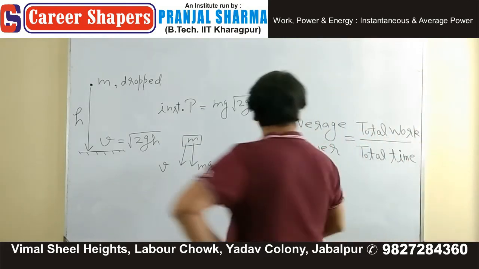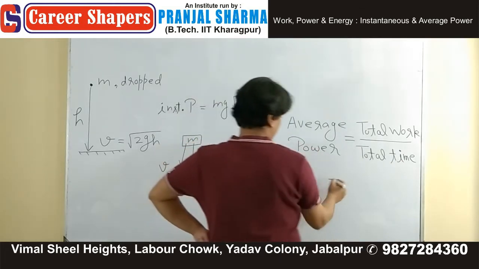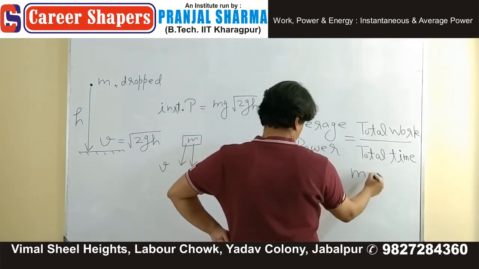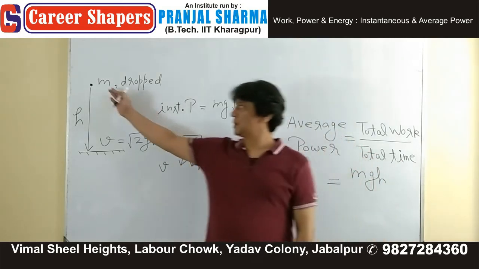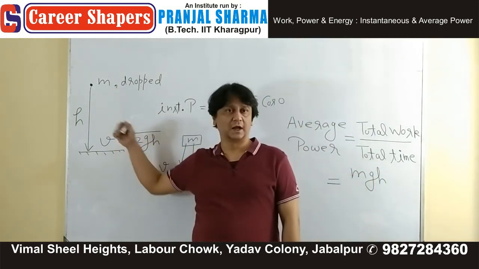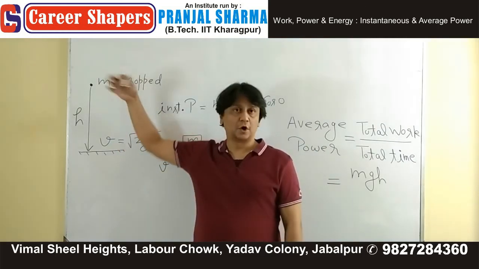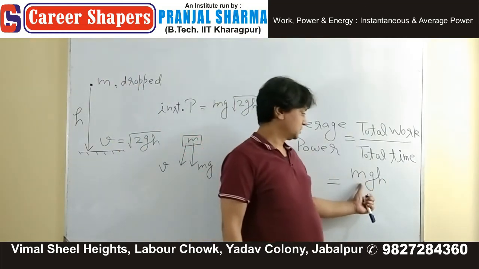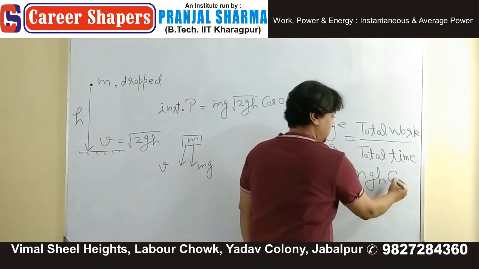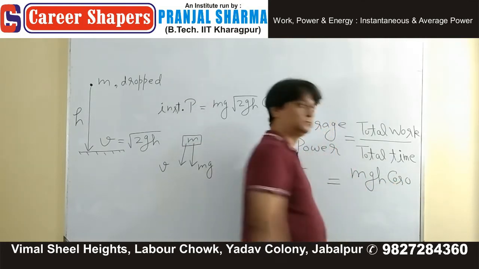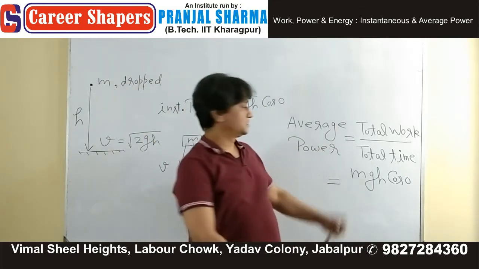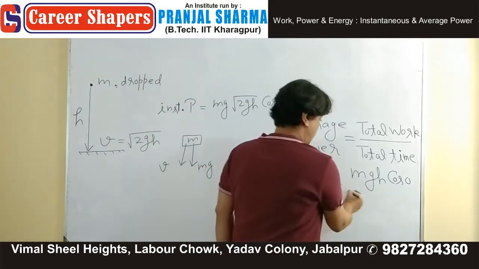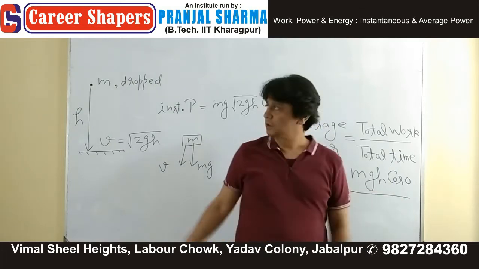Second part, average, total work. Now it's child's play. How much is the total work? mgh. From here to here, mg came along. Work, how do you find work? Force into displacement into cos of 0. mg downwards, h downwards, cos of 0, divided by total time.